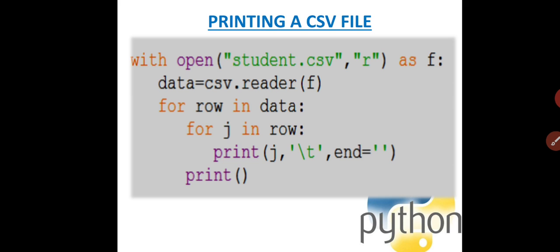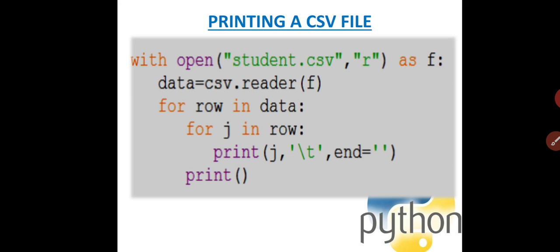So when we read the records with the help of the csv.reader function, we have used data = csv.reader(f), where f is the file object. Whatever file is opened with the file object f, the records of that .csv file will get read with the help of the reader function into the list data.